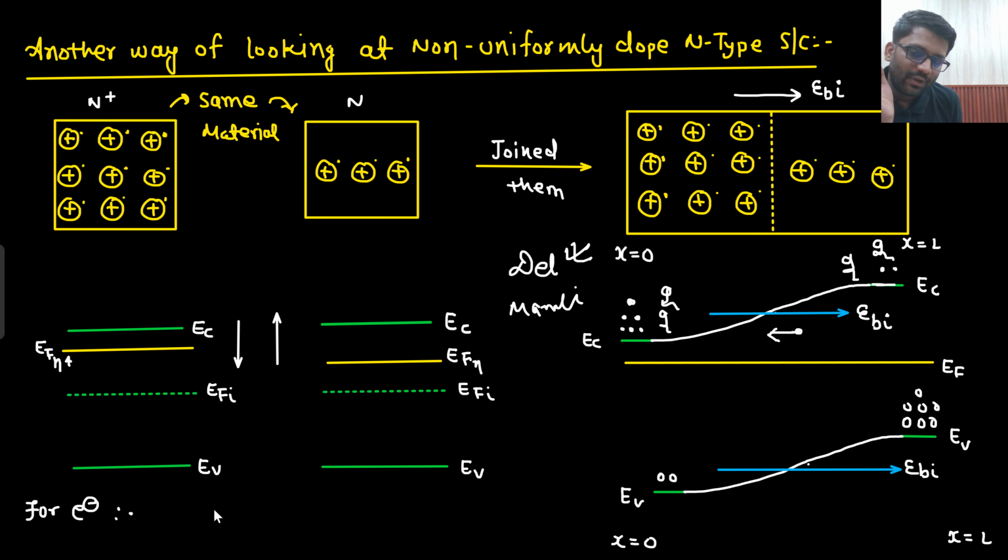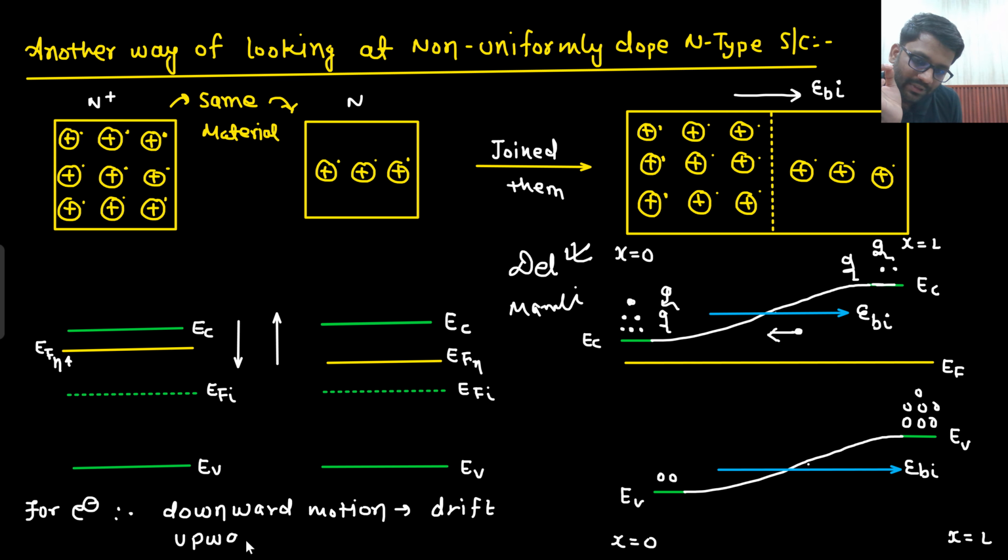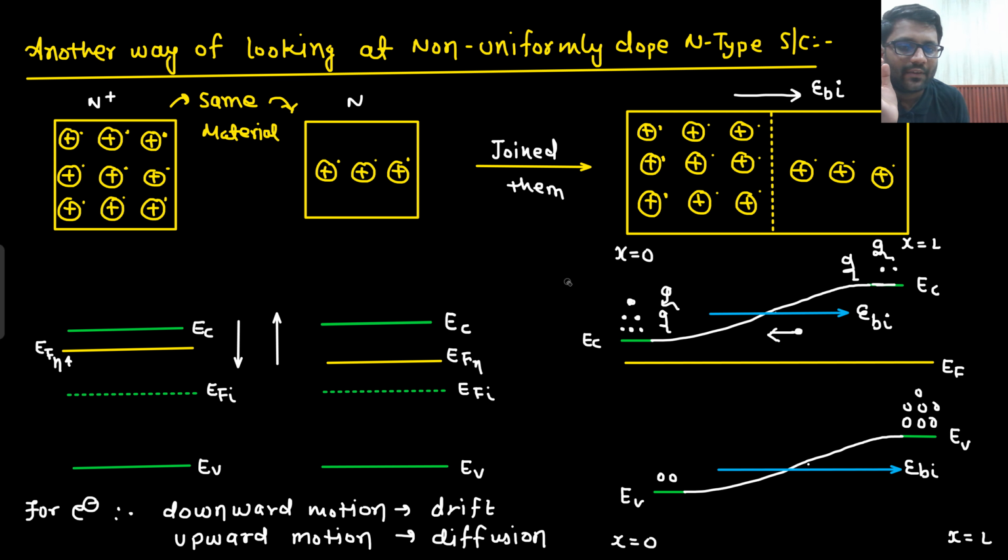So what I am saying, for electrons, downward motion means drift, and upward motion means diffusion. Now under the equilibrium, what is happening? Let's remove all these.